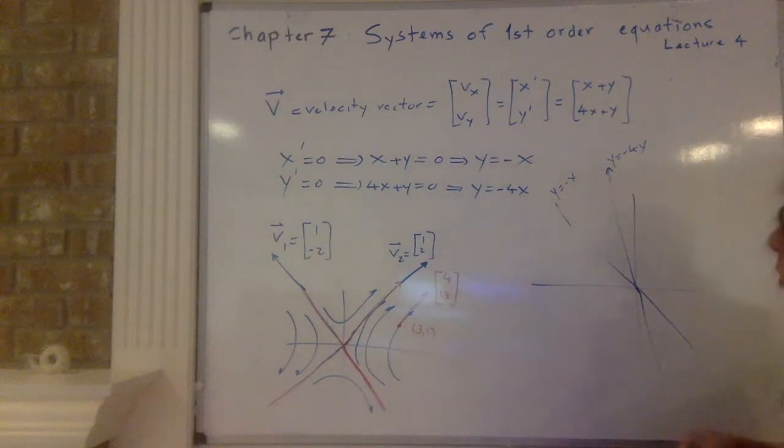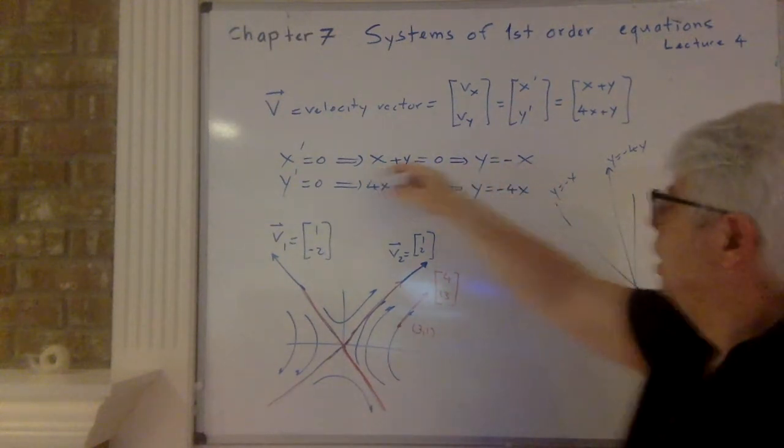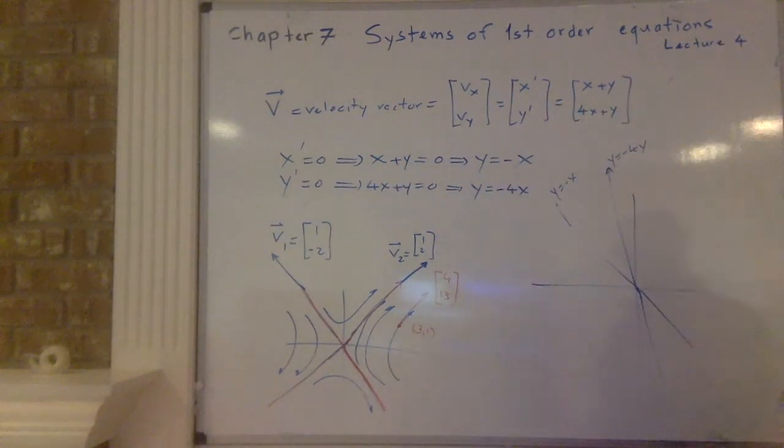Now what happens? What is this one telling me? On this line, y equals negative x, x prime is 0, which means that we just have y prime. So when the trajectory hits this line at some point, it hits it like this, or this way, depending on which way it's going.